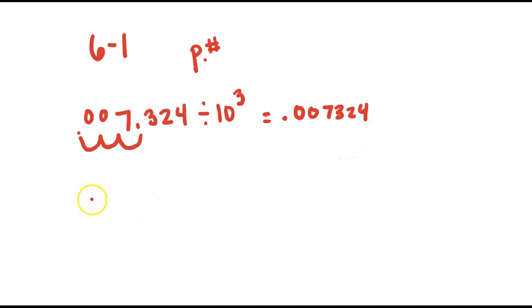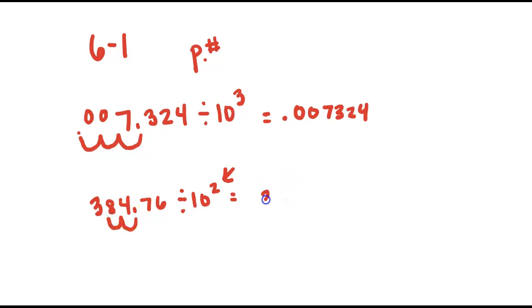Another example would be 384.76, or 384 and 76 hundredths, divided by 10 to the second. My exponent is telling me what to do. So I'm going to move that decimal 2 places to the left. So I've got my decimal down here. I'm going to move 1 place, 2 places.